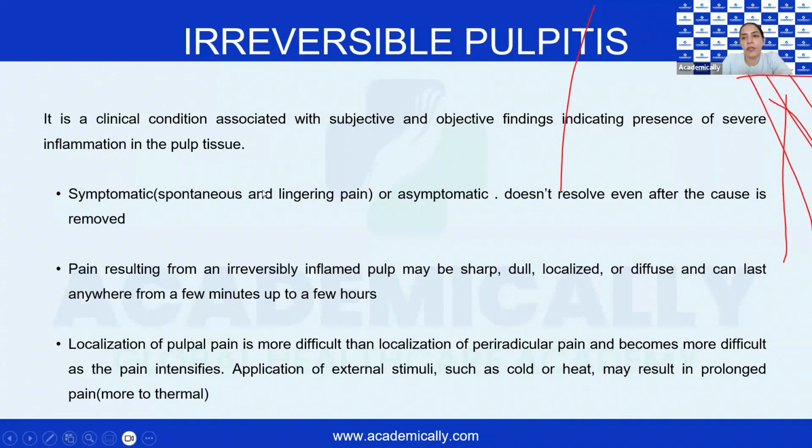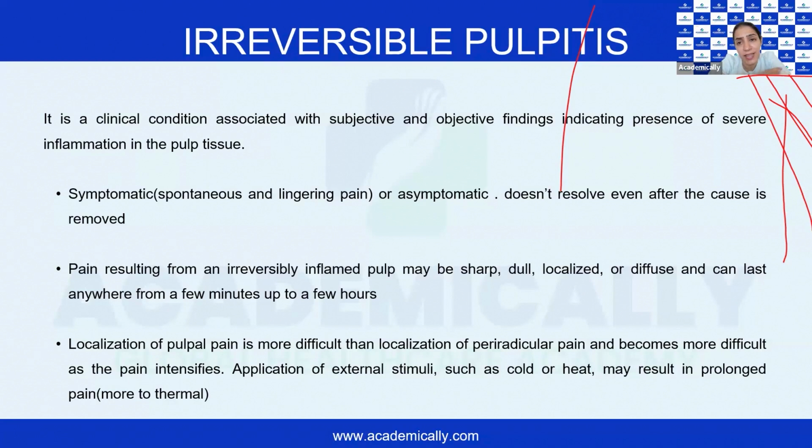Then we usually have one more thing, the clinical determinant. Reversible pulpitis happens more with a stimulus which sticks to the teeth for long. It usually doesn't happen much with drinking cold water or drinks.